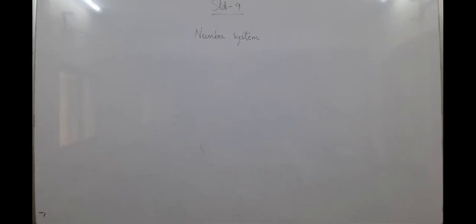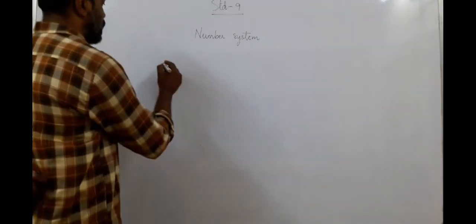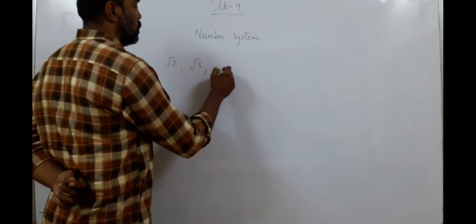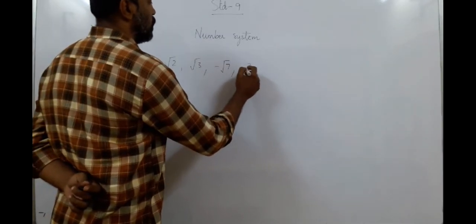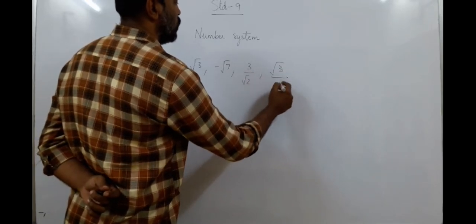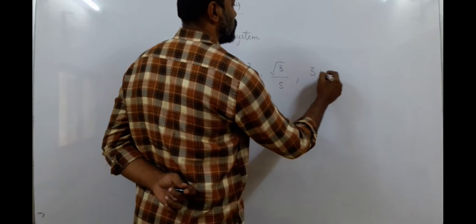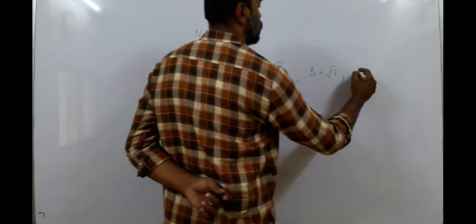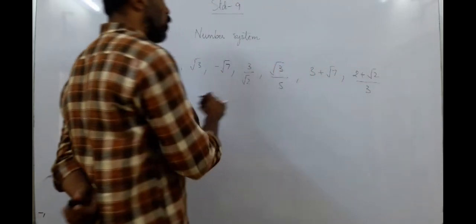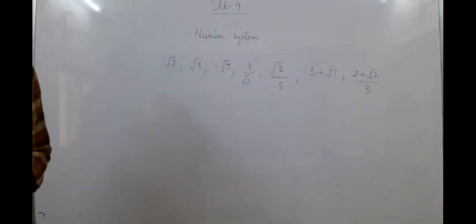So let me write a few examples of the irrational numbers. Root 2, root 3, minus root 7, 3 by root 2, root 3 by 5, 3 plus root 7, 2 plus root 2 upon 3. These all are irrational numbers.